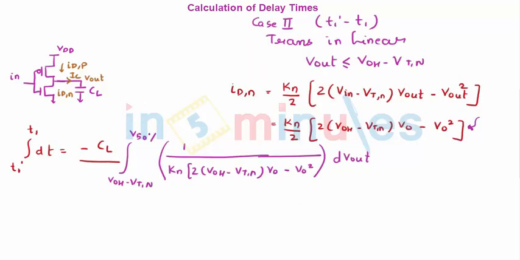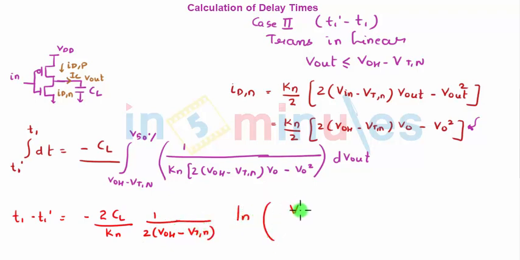Now after integrating, what we are going to get is the following. Let's quickly write after integration. T1 minus T1 dash is equal to minus twice CL upon Kn, 1 upon twice (VOH minus Vtn), ln, log of, I beg your pardon, Vout upon twice (VOH minus Vtn) minus Vout.